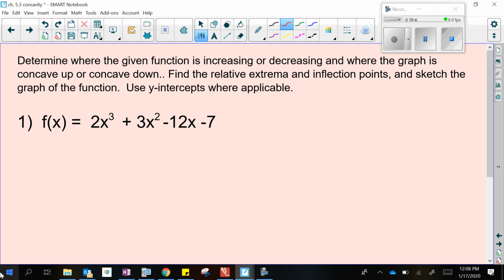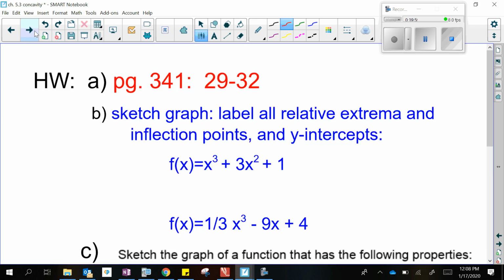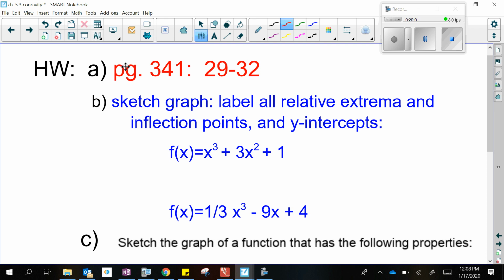And we're also going to use the y-intercept for each. So we're going to do 2 of those, and that's what your homework's going to look like. Your homework is going to be the book problems, and then you're just going to use these two that we're going to do right now.